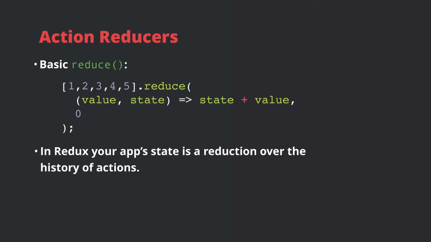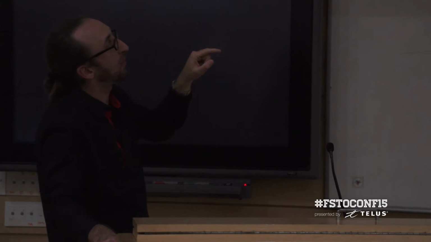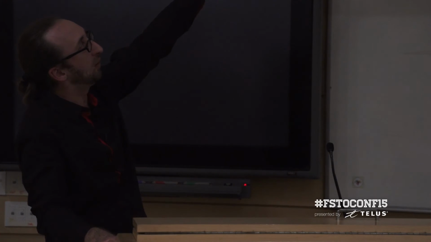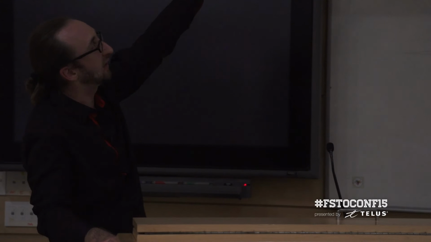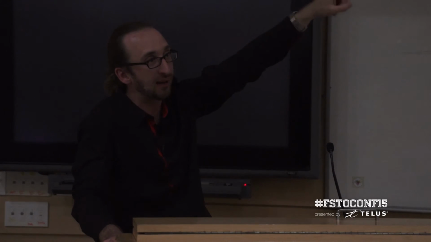For instance, a basic use of reduce is to add up numbers. The sum of those five numbers can be calculated by starting with 0, which is the second argument, the initial value, and for every number taking the item of the array that we're at now plus the current state and returning the sum of the current state and the item.